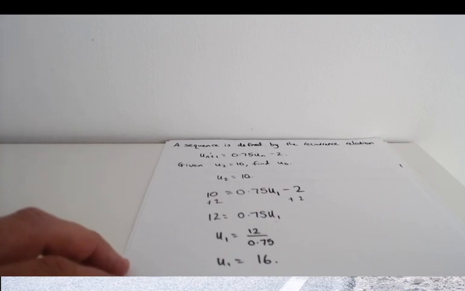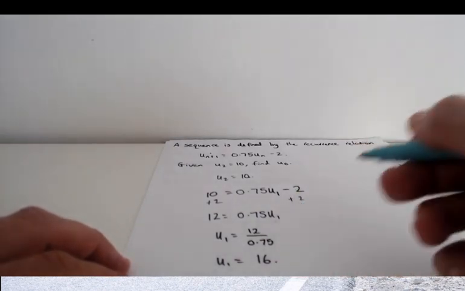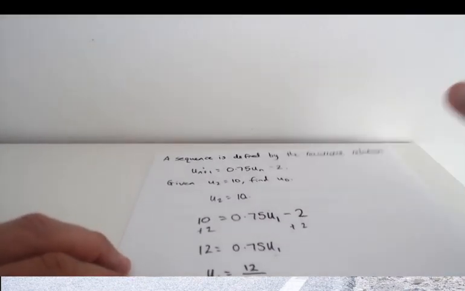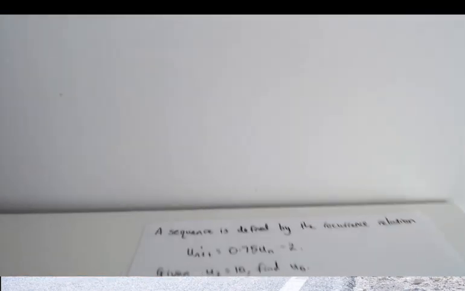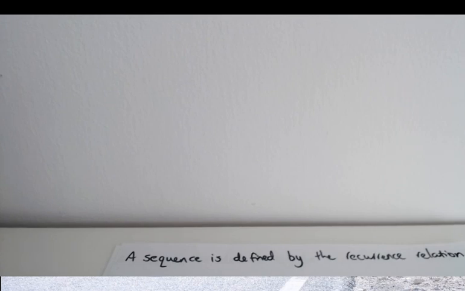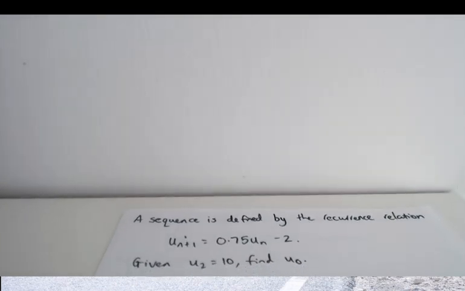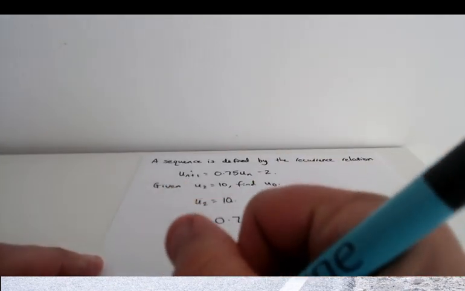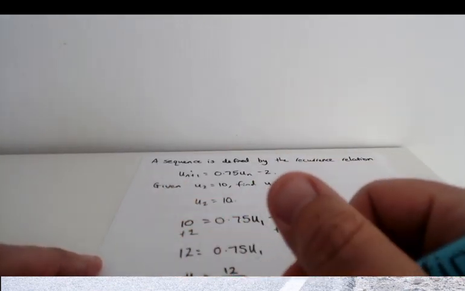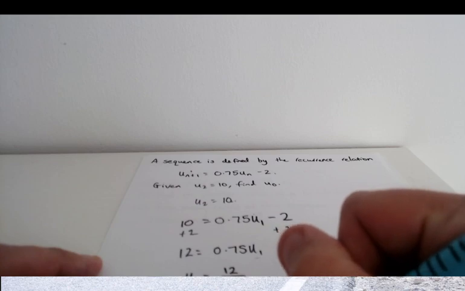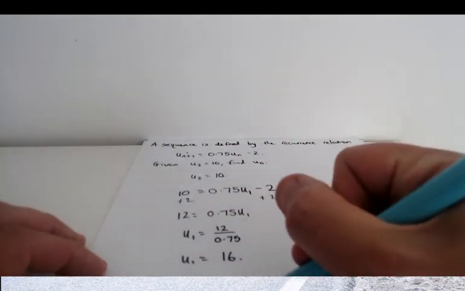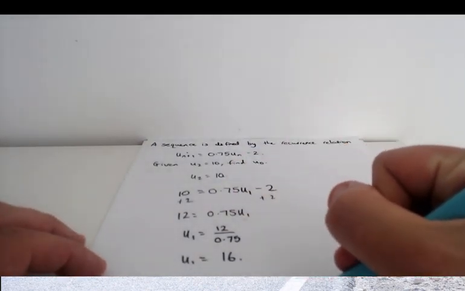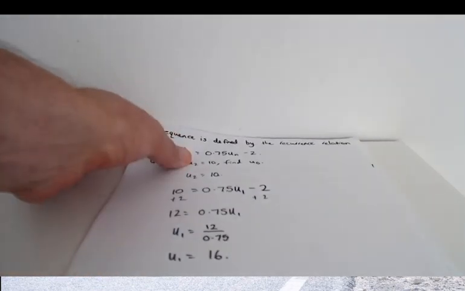So now I'm going to have to do the whole thing again, starting with 16. So my recurrence relation is un add 1 equals 0.75 un take away 2. Now I'm going to use u1 as my answer, and I'm going to use u0 in the recurrence relation.